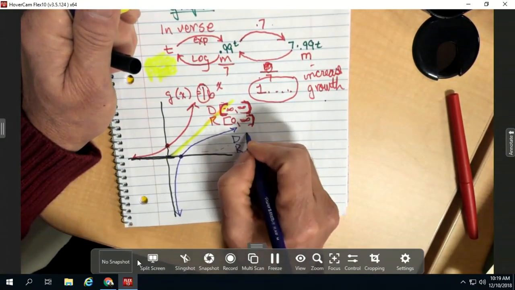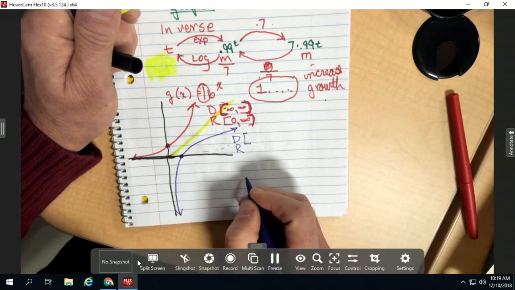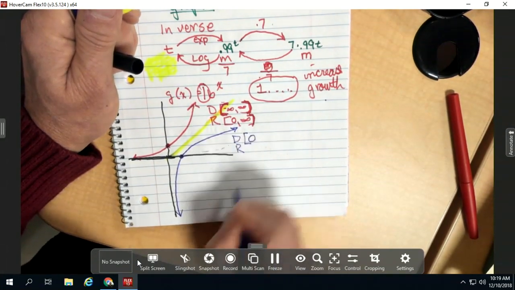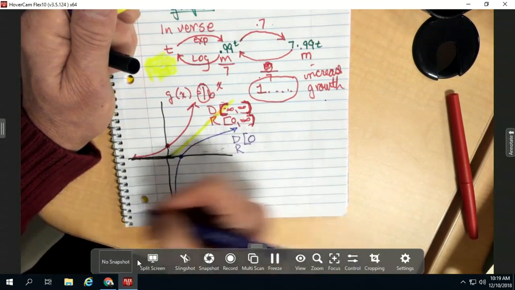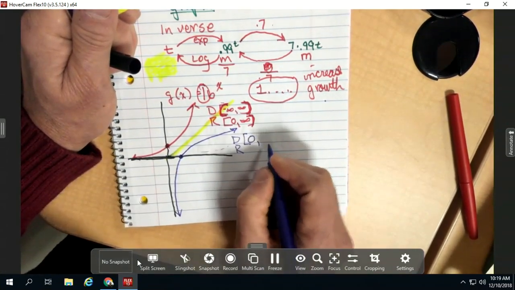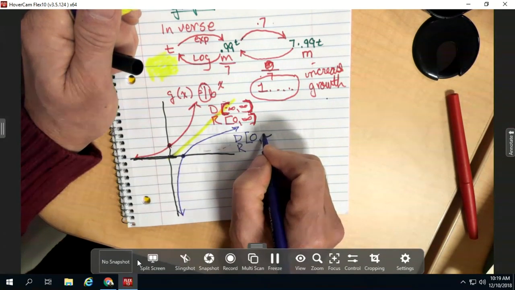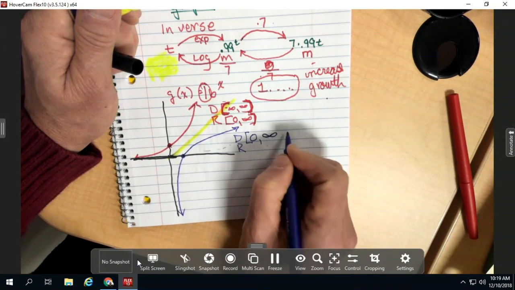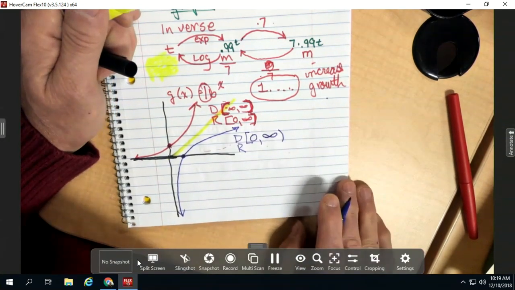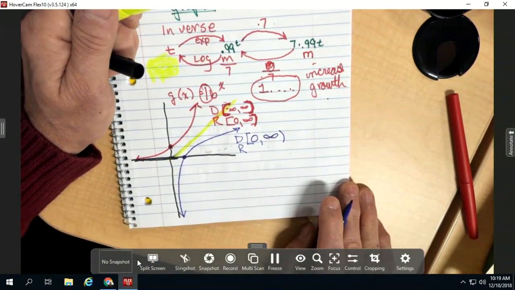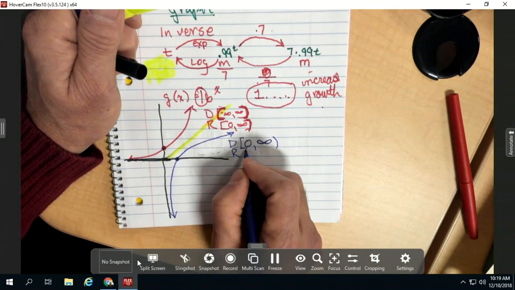Domain, where do we start? Good, 0, right? We can't go any farther to the left than 0. And how far to the right do we go? Buzz Lightyear? To infinity and beyond, right? The range.